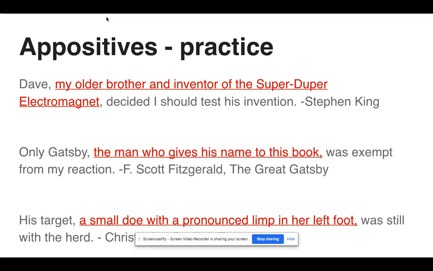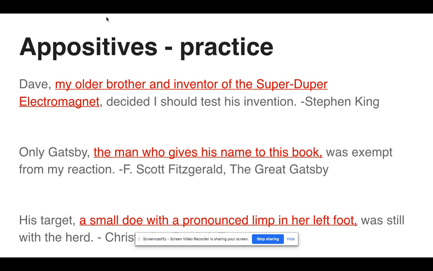The second sentence is a sentence from the novel The Great Gatsby. It says, "Only Gatsby, the man who gives his name to this book, was exempt from my reaction." So again, the underlined portion of this sentence in red is the appositive. It's renaming the main noun of the sentence right next to it, which is Gatsby.